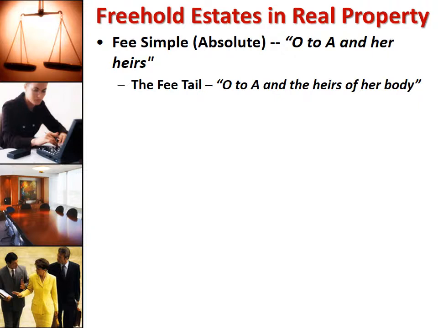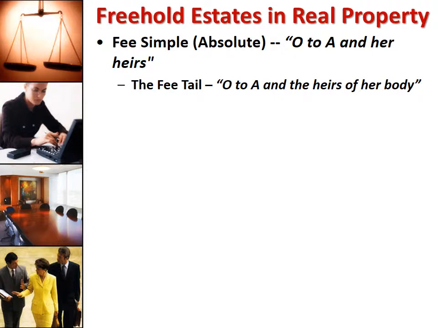You're going to hear me say this a lot. By operation of modern American law, we eliminate the fee tail. We find it offensive. We find it unconscionable. Remember that concept, the contractual concept? We find that it's against public policy in the modern United States.